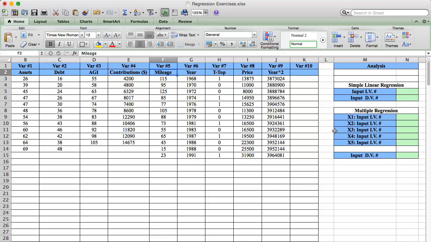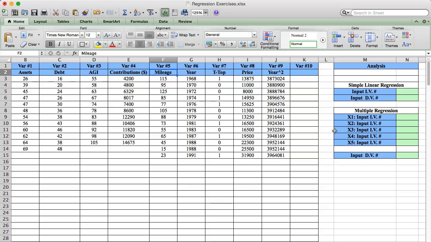Now, multiple linear regression has even more application to business because frequently in business, our key outcome variables are affected by more than one independent variable. So in theory, if we have more than one independent variable, we would expect to be able to explain even more of the variability in our dependent variable.